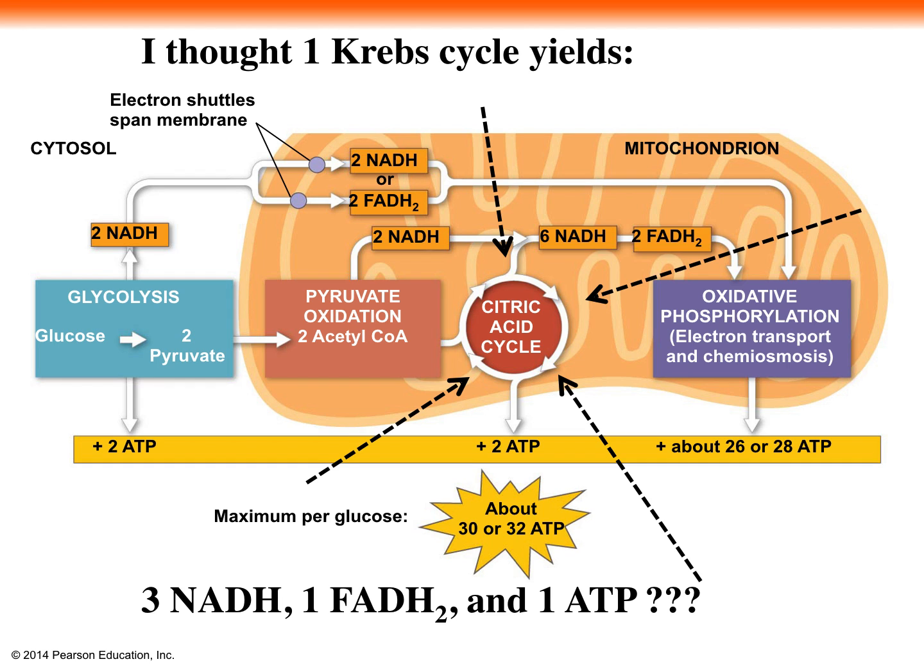Pyruvate oxidation, we gain another 2 NADH. Citric acid cycle, we get 6 NADH and 2 FADH2s, and all these are energy-carrying molecules that are eventually dumped into the electron transport chain, and through chemiosmosis, we'll actually get out a whole bunch more ATP.